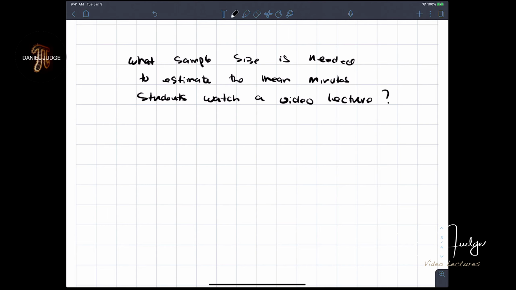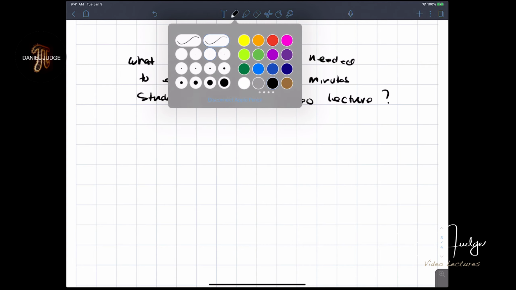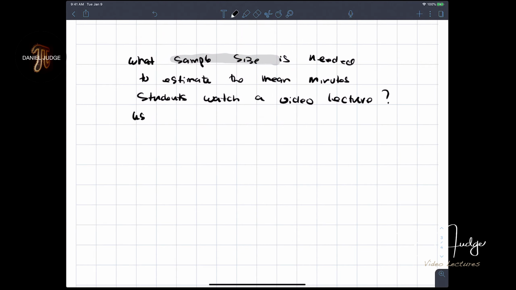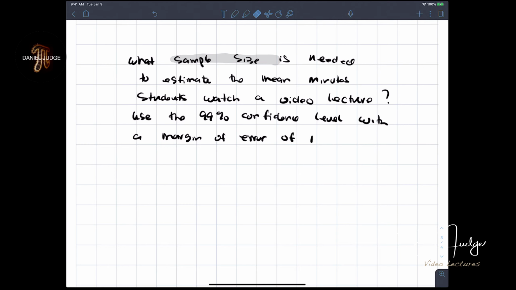Okay, now again, we're going to estimate sample size. We're going to use the 99% confidence level with a margin of error of, let's say, how about 6 minutes?